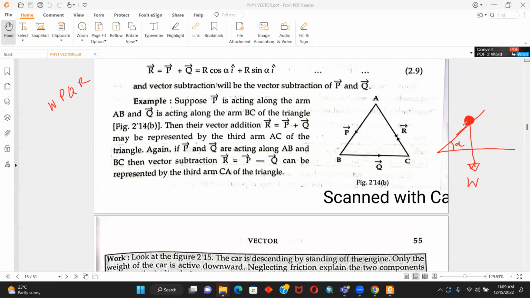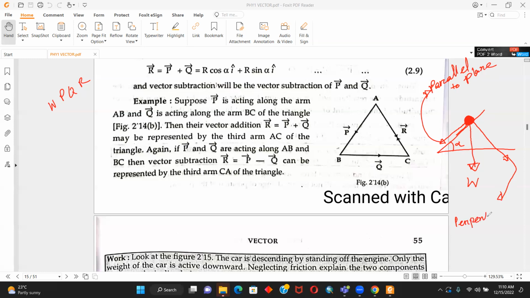Okay. From here, parallel to the plane. What am I calling it? This is parallel to the plane. You can write it down. And in this direction, we get perpendicular to the plane.